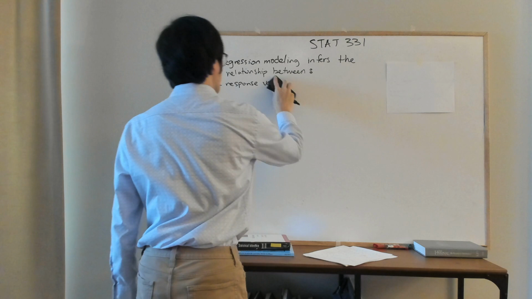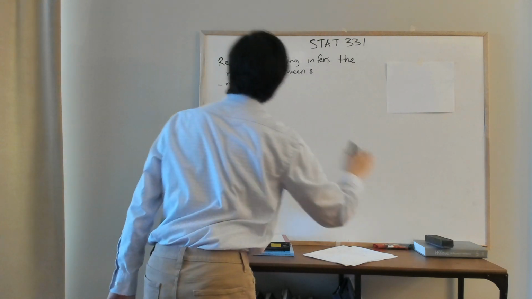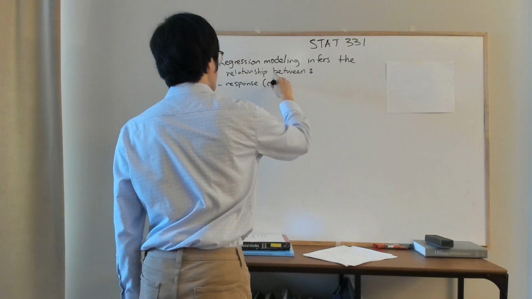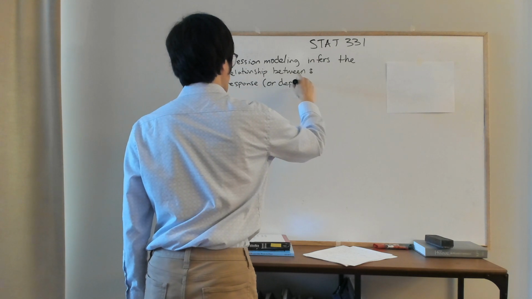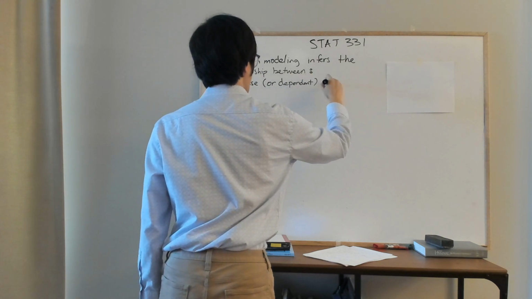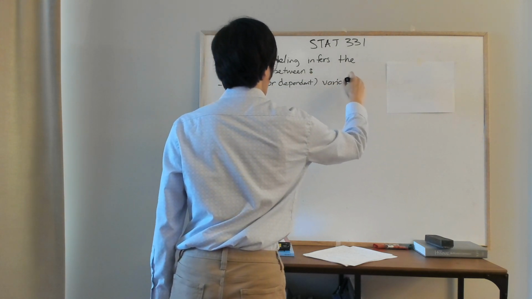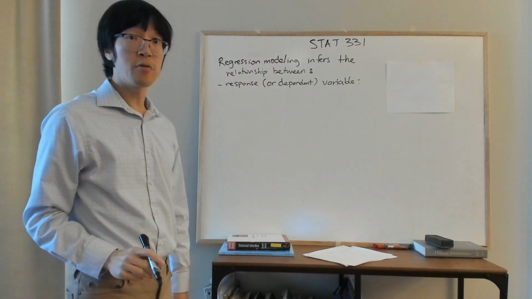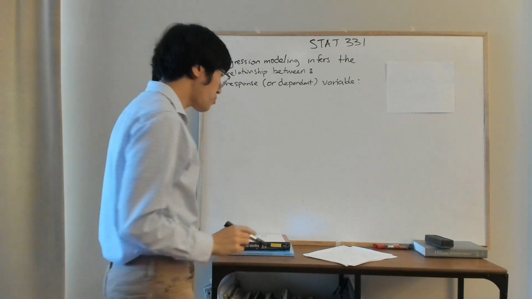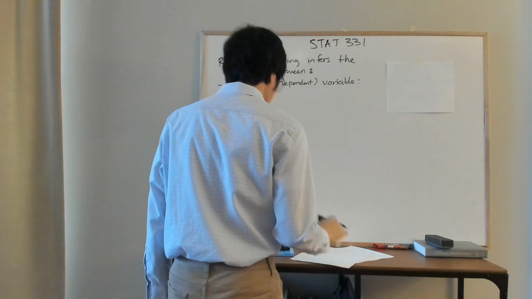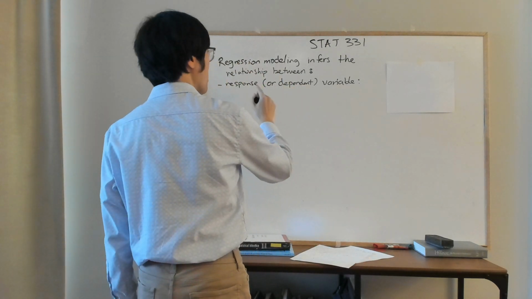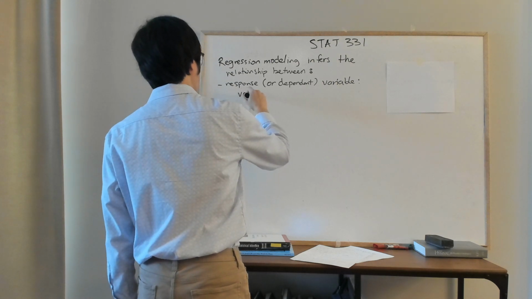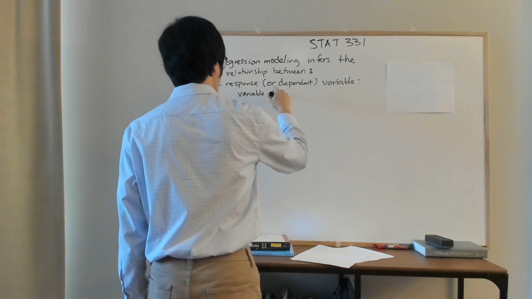Sometimes it's also called the dependent variable. So I'll give you both of those names. This is the quantity that we're interested in modeling, the variable of primary interest.